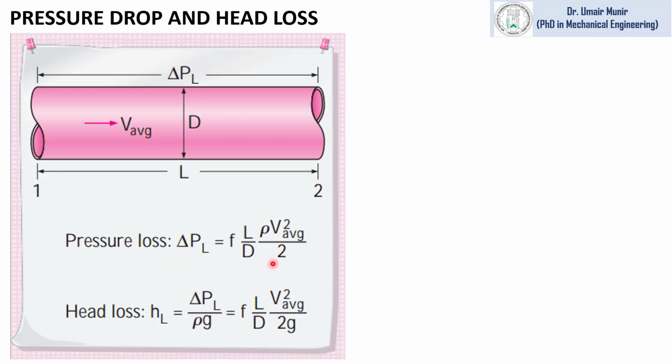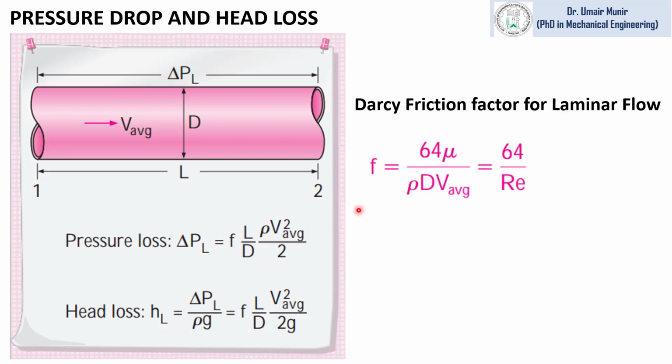In this expression, the f is Darcy friction factor, and this friction factor for laminar flows can be found by this expression. For turbulent flows, this Darcy friction factor can be found by Moody's chart, or we have some empirical relations that will be discussed later in the coming lecture.